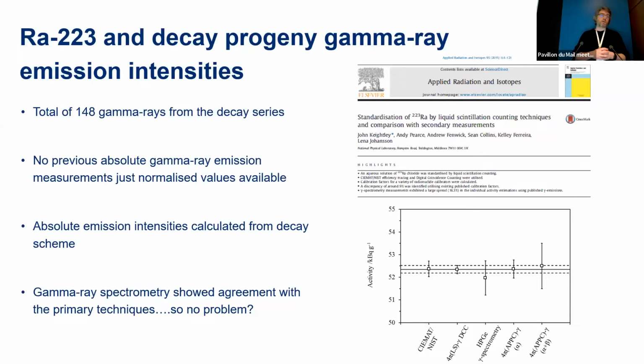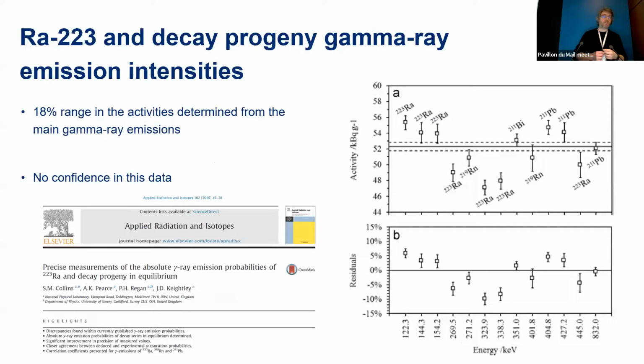But in the work we did for the standardization at MPL of radium-223, we can see that the gamma ray spectrometry value at the bottom is in really good agreement with our primary standard. So there's no problem. Why do we care? We can move on. The nuclear data around that is just kind of a trick of the data, because when I did the activity from the gamma spec, I just took the weighted mean of all the values, and that luckily ended up where the primary standard value was, more or less.